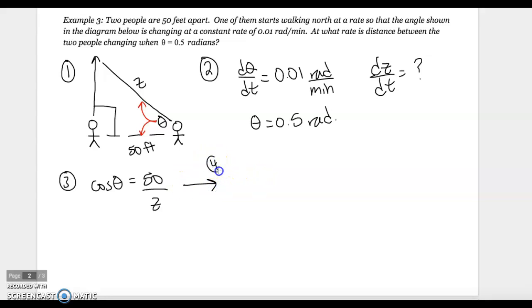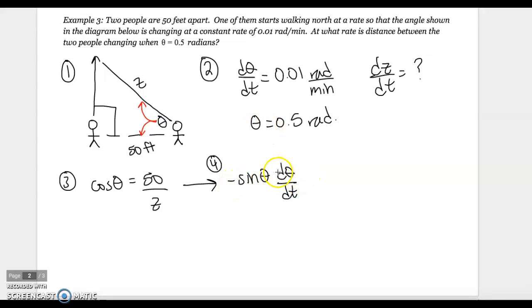This is step 4. Derivative of cosine of theta is negative sine of theta, and what we say implicitly differentiate because technically we're taking the derivative of each of these variables with respect to time, so you have to tack on that notation, right? The derivative of theta with respect to time.